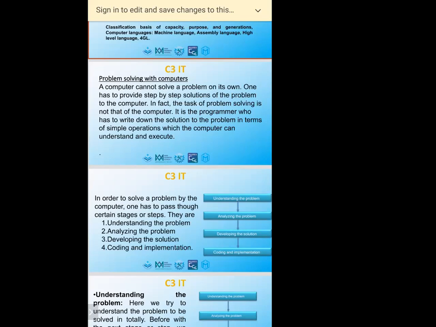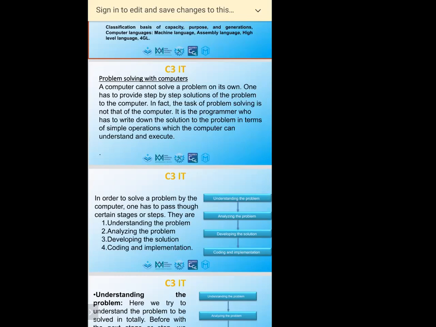The programmer has to write down the solution to the problem in terms of simple operations which the computer can understand and execute.